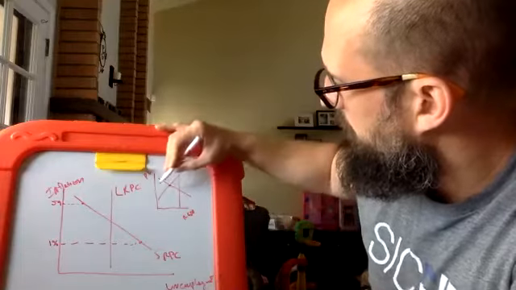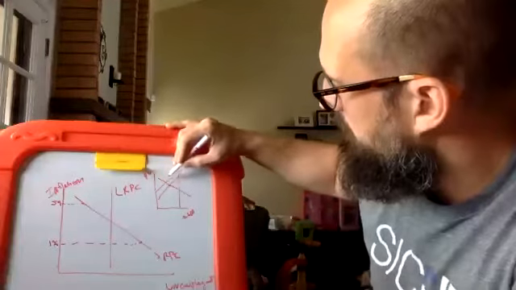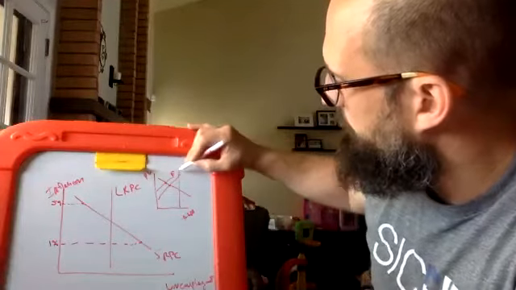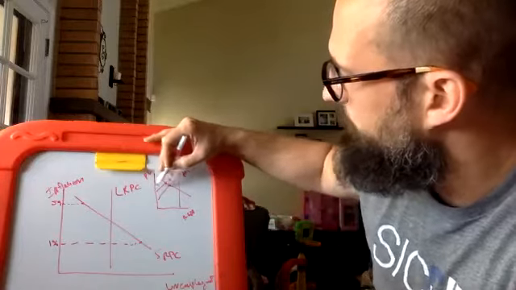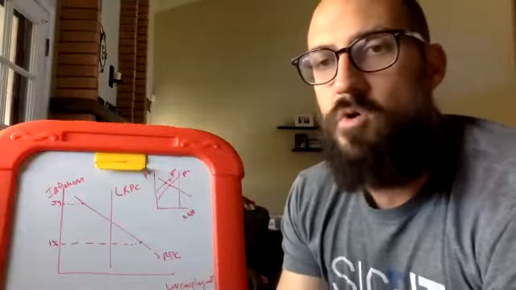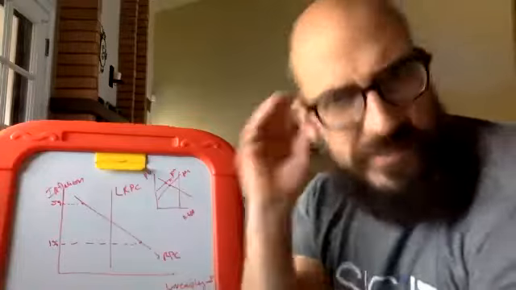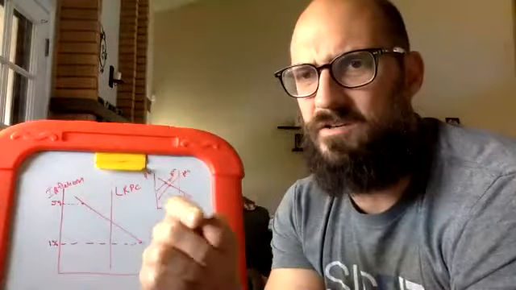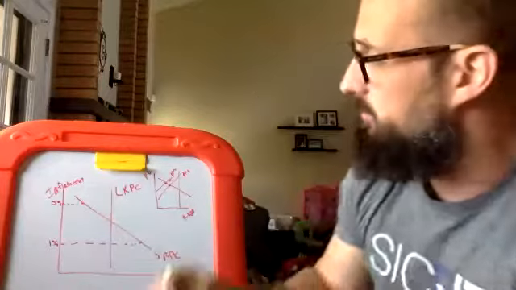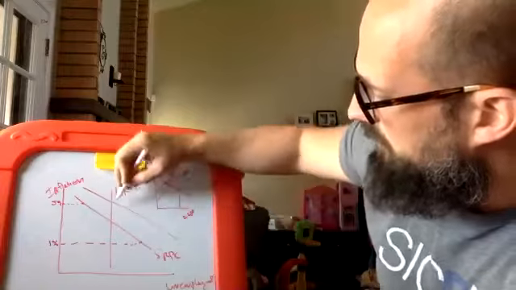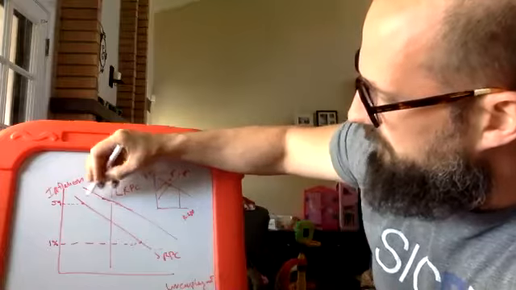You have AS1 and AS2, and you get a shift, increasing price levels and decreasing real GDP. How can we get that on this curve right here? I want to represent higher inflation, or higher price levels, and more unemployment. Well, you can shift the curve out, showing it here.